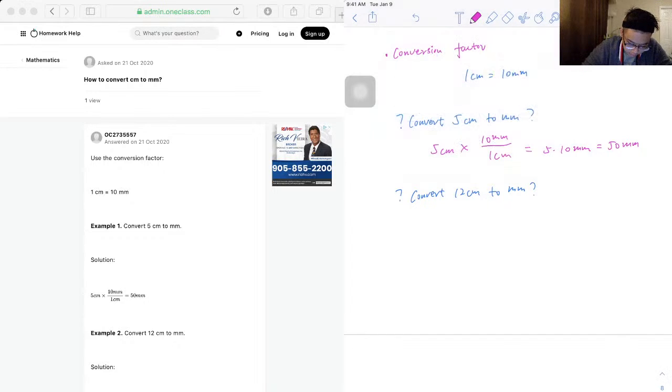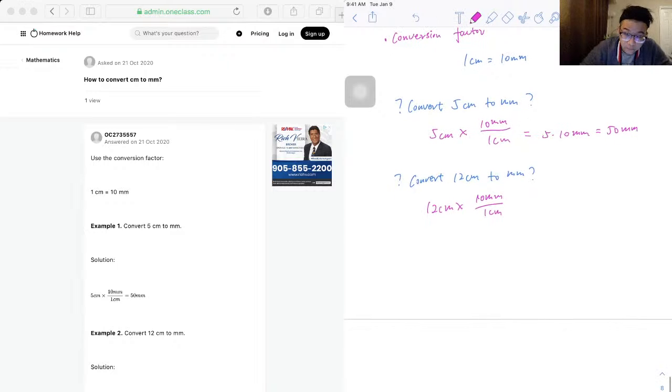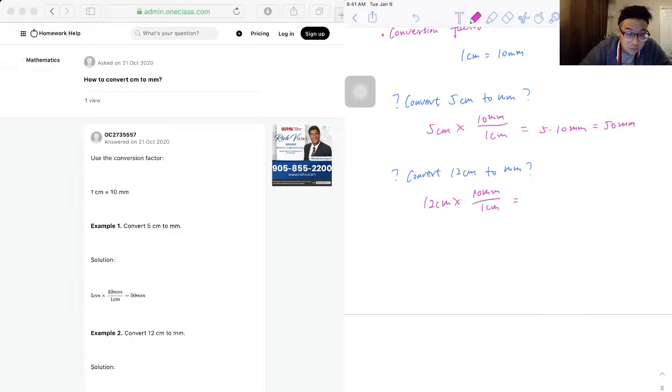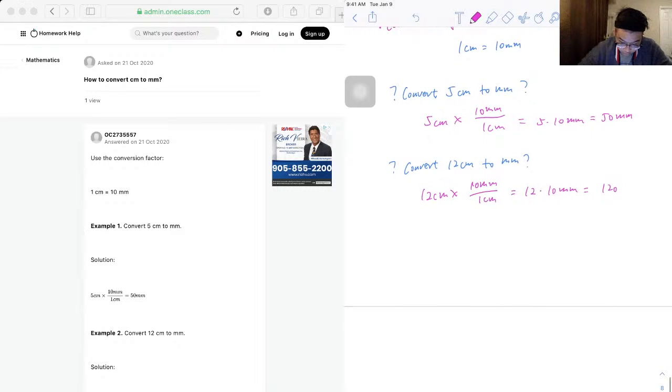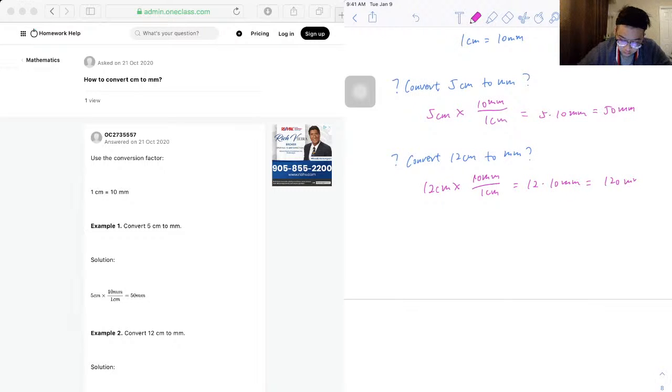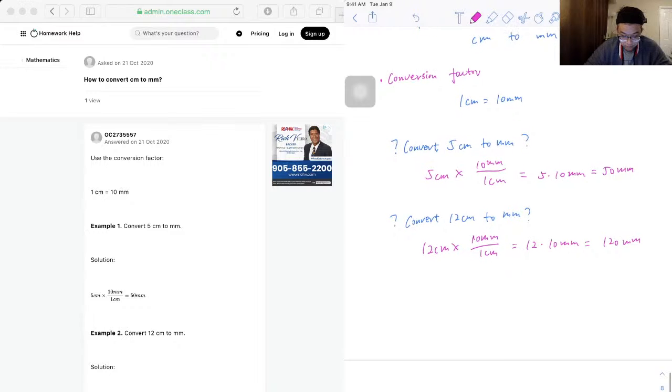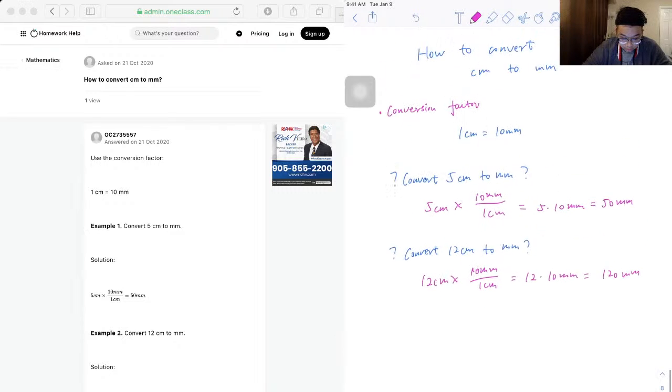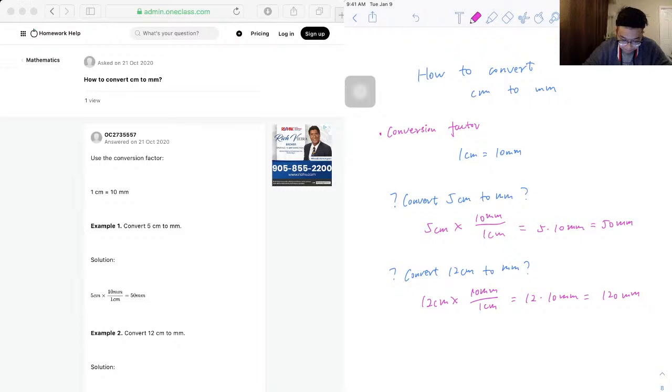Alright, so we copy down the 12 and still multiply it with our conversion factor, which is 10 mm over 1 cm, which is equal to 12 times 10 mm, which is 120 mm. So yeah, that's how we convert cm to mm.